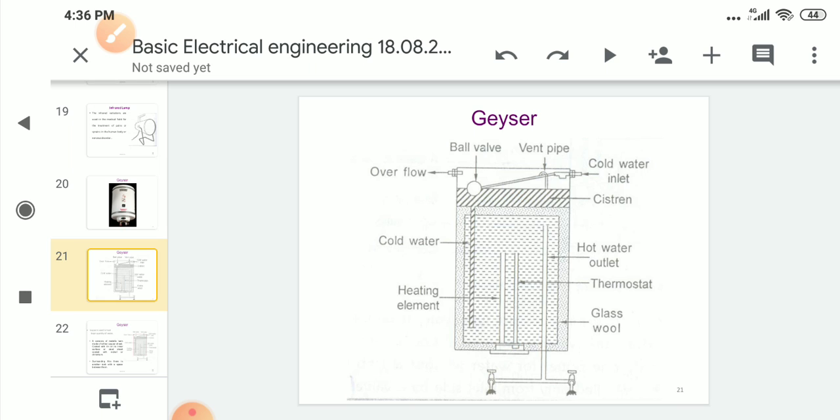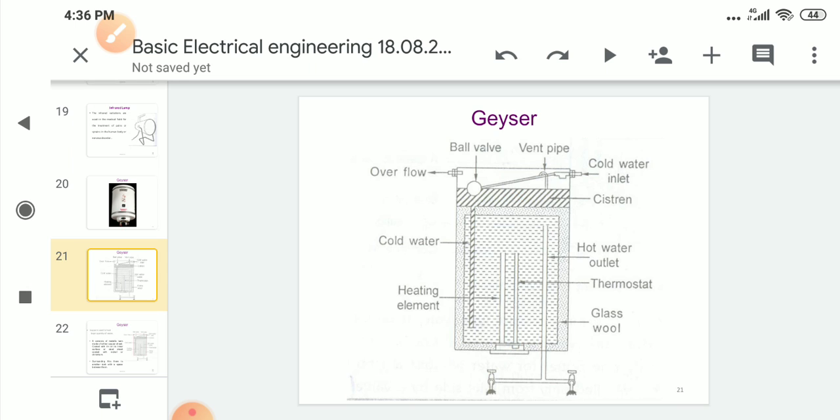Construction. If we talk about the construction, it mainly consists of a steel tank container in which water gets heated by a heating element immersed in it. The tank is glass lined on the inside to prevent corrosion.